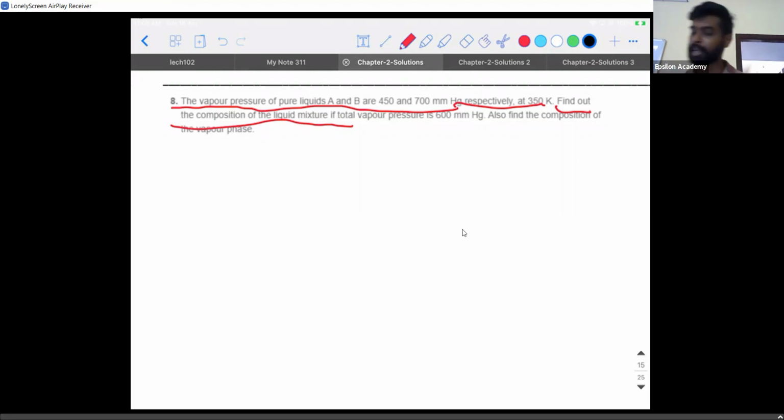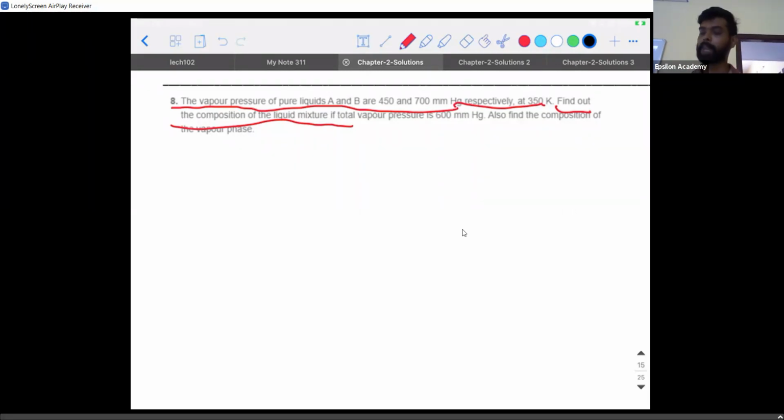So basically I have two things, A and B. How much amount of A is there, how much amount of B is there in that particular solution. So whenever vapor pressure problems are given to you and they're asking you chemical composition, basically they're asking you what are the mole fractions of A and B in liquid phase. That's what they're asking. Understood?